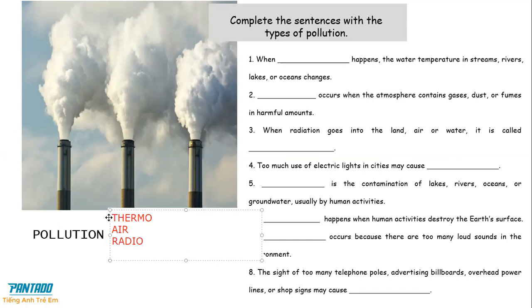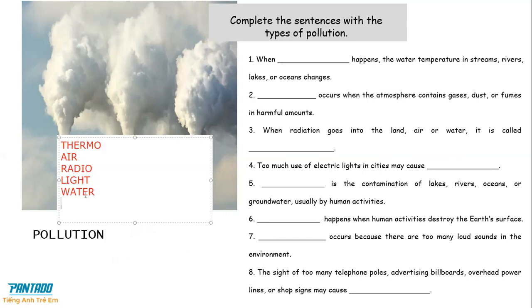Too much use of electric lights in cities may cause light pollution. 5. Water pollution is the contamination of lakes, rivers, oceans, or groundwater, usually by human activities. 6.